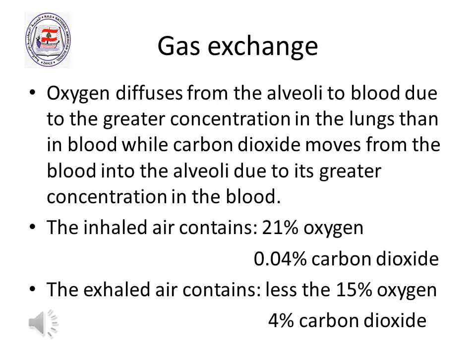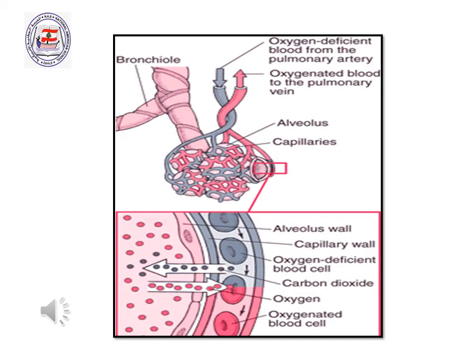The inhaled air contains 21% oxygen and 0.04% carbon dioxide, while the exhaled air contains less than 15% oxygen and 4% carbon dioxide. It is very important for you to know that we only use approximately 7% out of the 21% oxygen we inhale, and the rest is exhaled again.